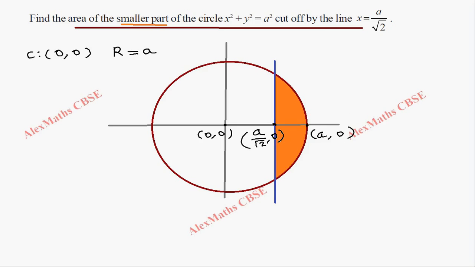But we can find the area present in the first quadrant and we can take twice of that. The curve equation is nothing but the circle equation.